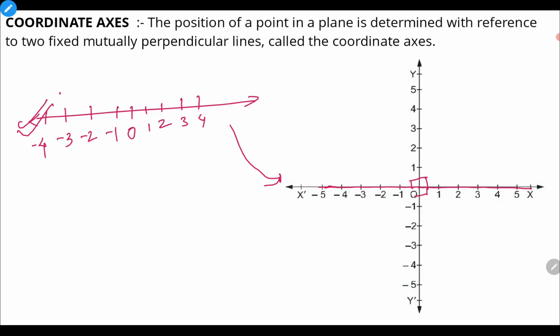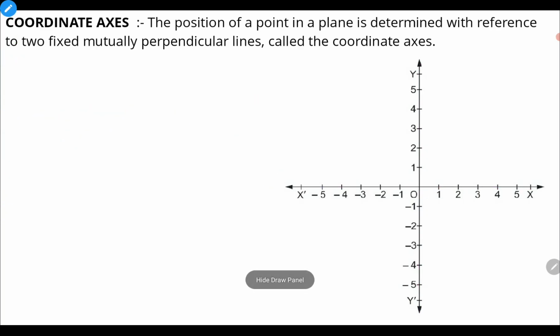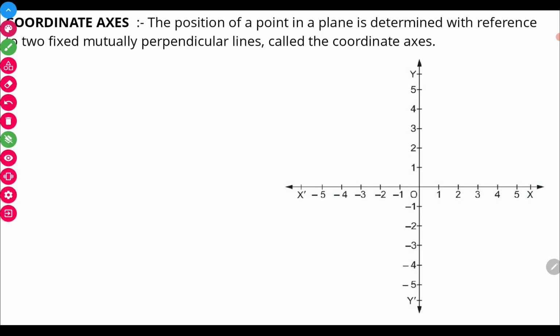Okay, so this is the x-axis, which is also known as the abscissa, and the y-axis, which is known as the ordinate. And the x and y axes are always perpendicular to each other, and the point where these two axes intersect is called O, and this point is nothing but the 0.